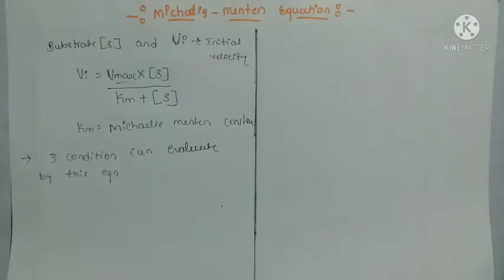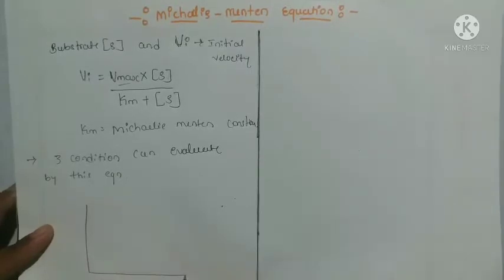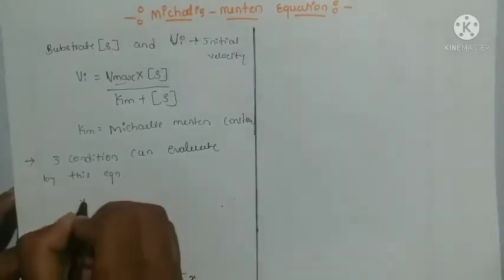First, to see the graph, and next, when we see these three conditions, you will understand how the graph comes. Now that is the graph, with the x-axis and y-axis.